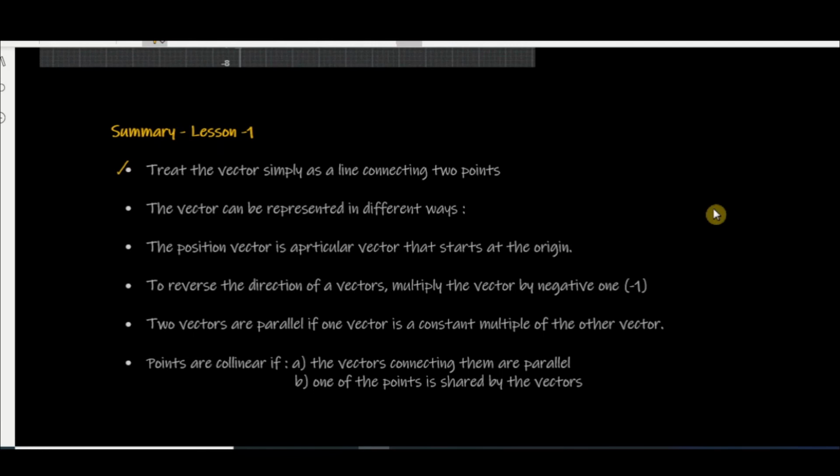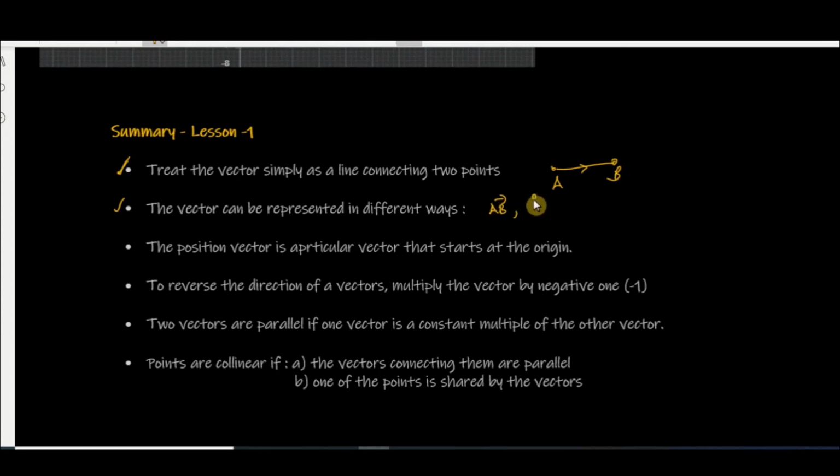Okay, so here's a quick review and summary of what we did in lesson 1. Number 1, treat the vector simply as a line connecting 2 points. That is an excellent way to conceptualize the vector. For example, a line connecting the points A and B with an arrow. It doesn't get any simpler than that. 2, the vector can be represented in different ways. Recall that we can use 2 uppercase letters with an overhead arrow.